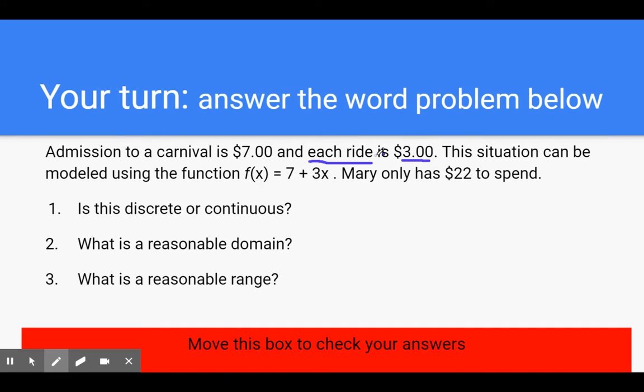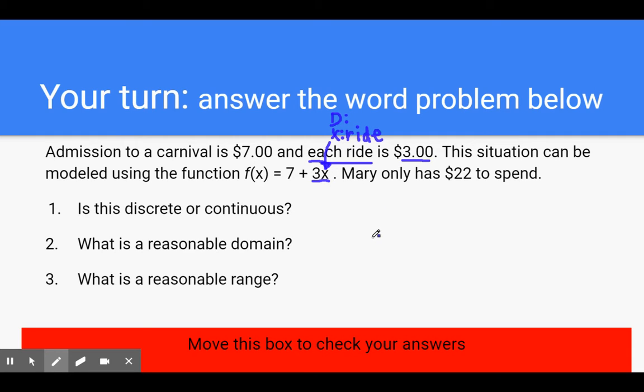Each ride is $3, 3x, each ride. So you have to recognize here, oh, they don't tell me, but I know that x is going to be the rides. So x is my ride, and it's my domain.